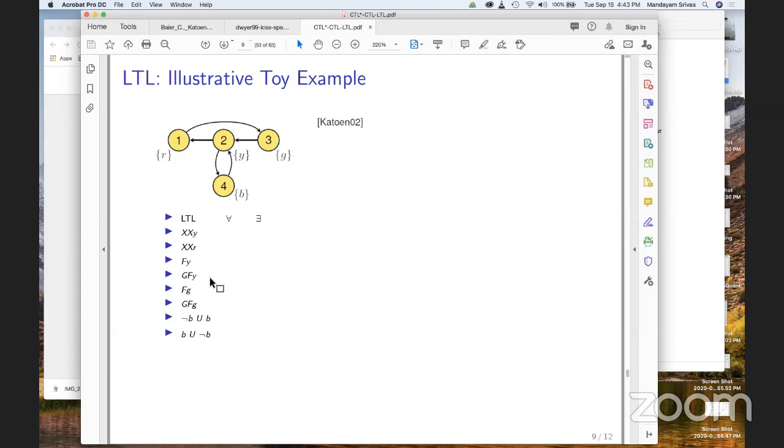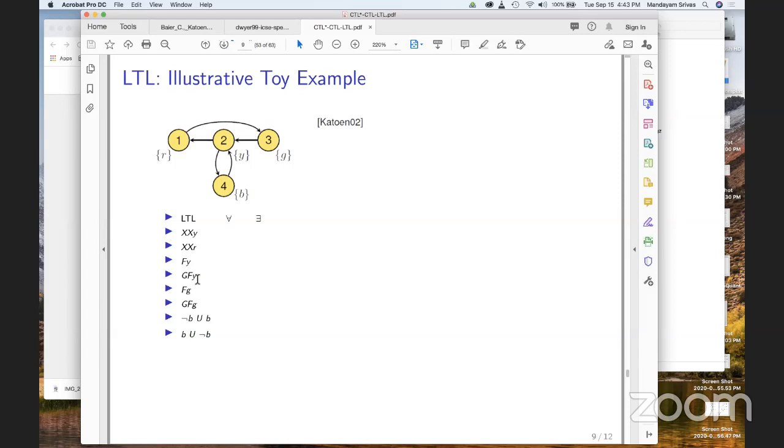What does G of F of Y mean? Essentially, it means Y happens infinitely often, right?